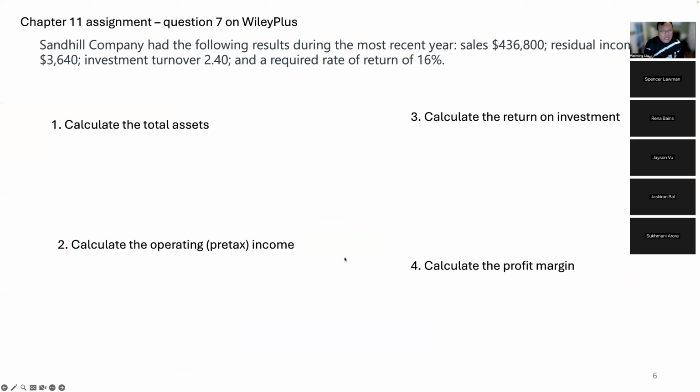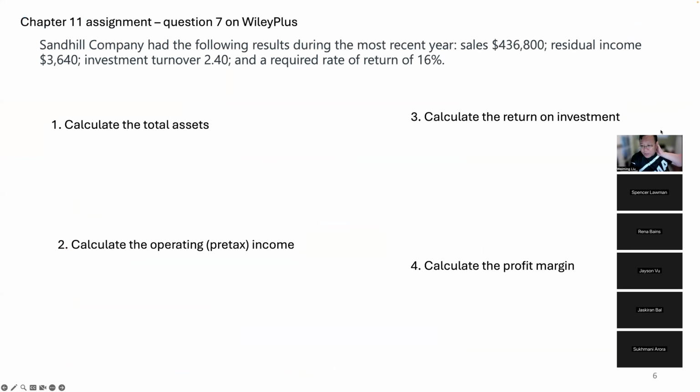The same student was asking me to go through question 7 on the chapter 11 assignment. This question helps you understand the relationships between different terminologies.